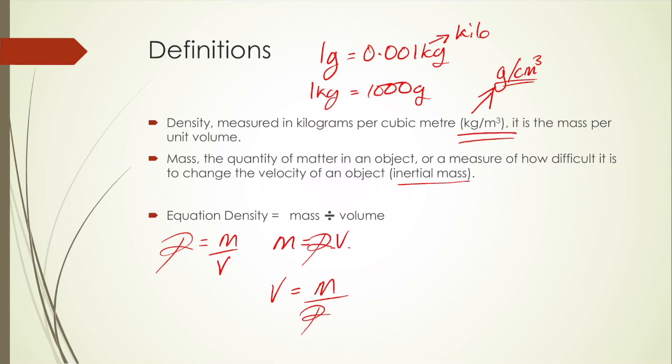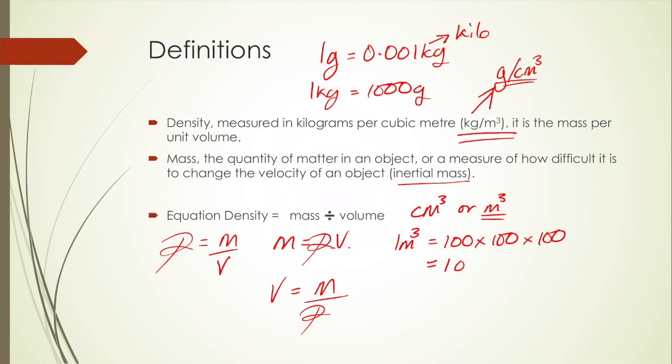However, when we're looking at centimetres cubed or metres cubed, it's a little bit more difficult. So how many centimetres are there in a metre? 1 centimetre is a 100th of a metre. So 1 cubic metre is 100 centimetres by 100 centimetres by 100 centimetres.